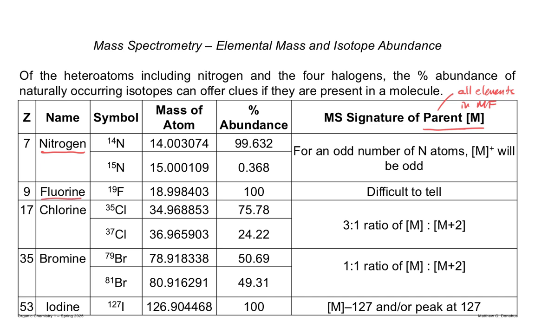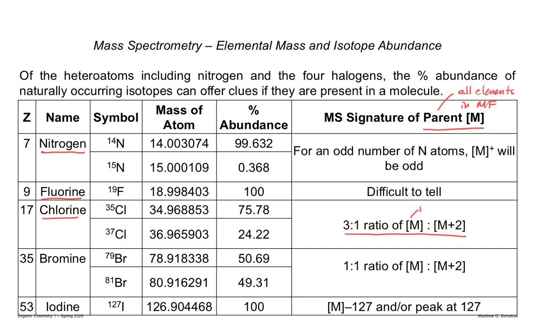Fluorine, since it's 100% abundant, and when you incorporate it into an organic molecule, it's going to give you an even mass. So you don't really have a nice diagnostic signature. Chlorine, since there's two isotopes in that 3-to-1 ratio, the parent region is going to show you that visually by the percent abundance of the parent.